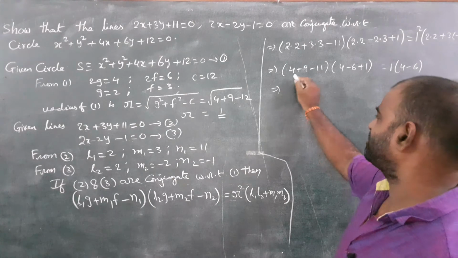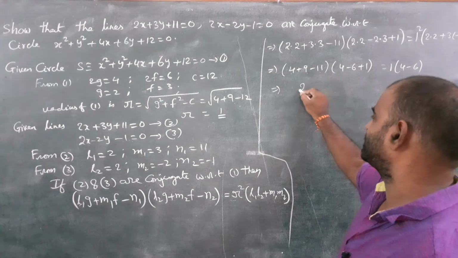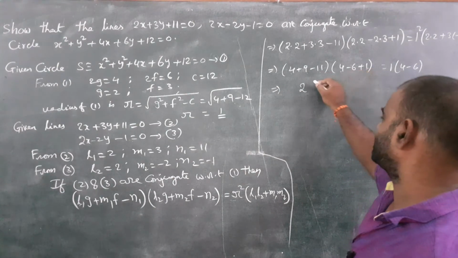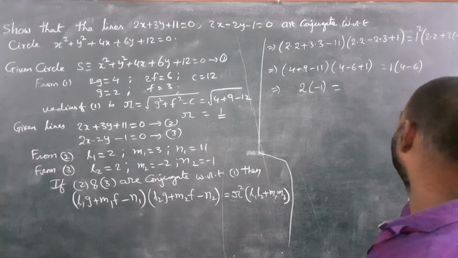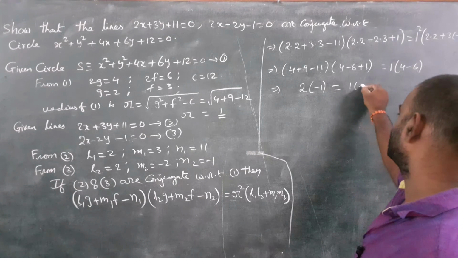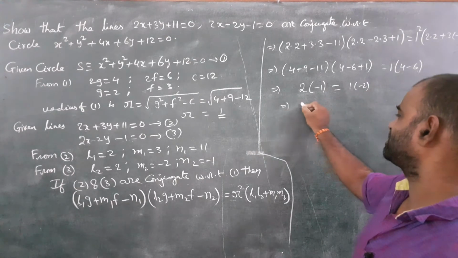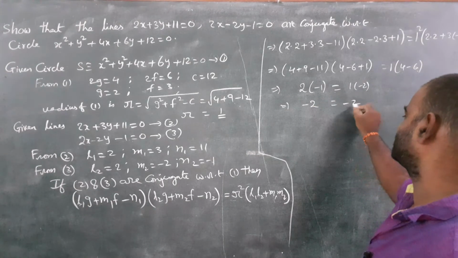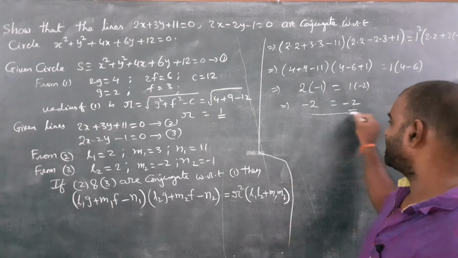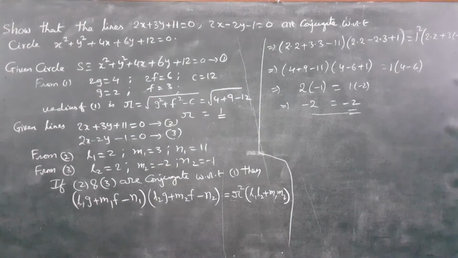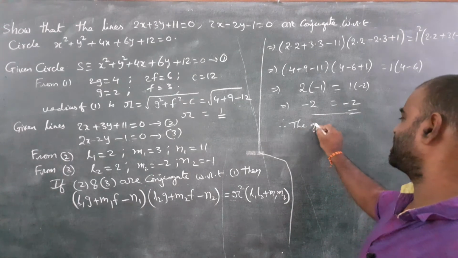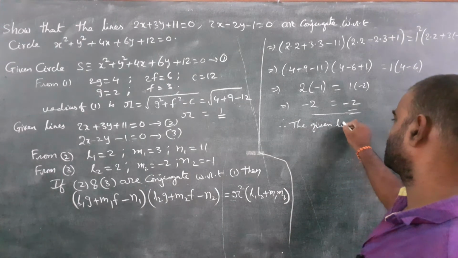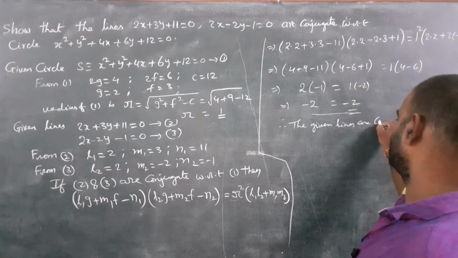This is nothing but 4 plus 9 is 13, minus 11 is 2; 4 minus 9 is -5, plus 1 is -4; and 4 minus 9 is -5. So 2 into -4 is -8, equal to -5 into 1, which is -5. So here the condition is satisfied. Therefore, the given lines are conjugate.